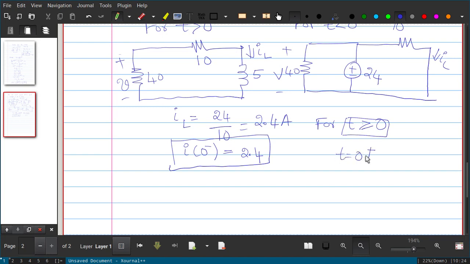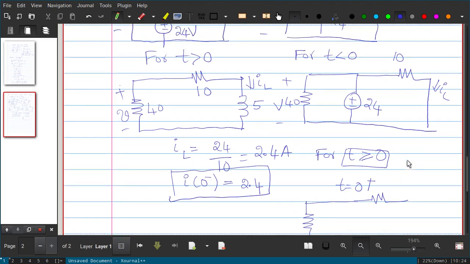So at t equal to 0 plus, at that moment of time, what happens? You have again a resistor here. Now the switch is open. At 0 plus, the switch is open now. So the switch is open means we have a resistor here, and the inductor, how can we model the inductor? Before opening the switch, a 2.4 ampere current was flowing through the inductor.